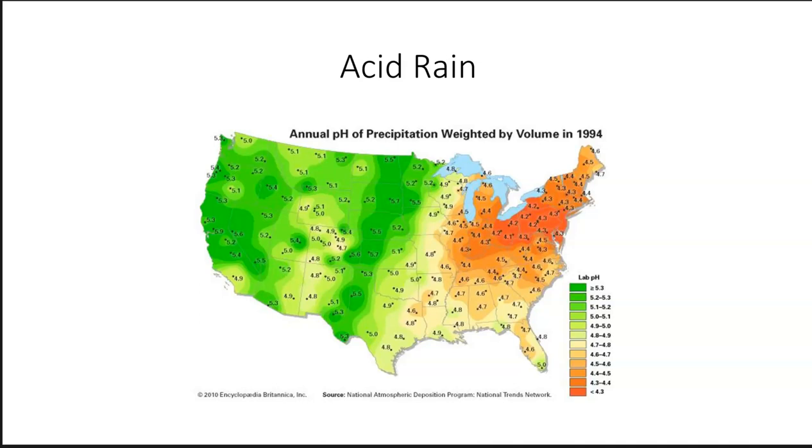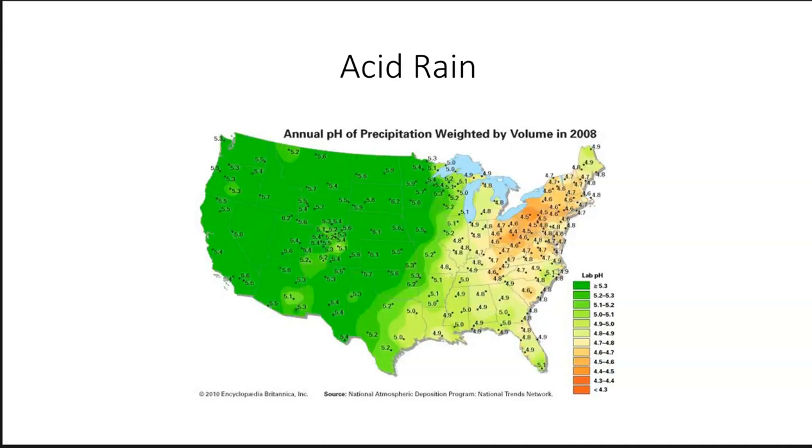what we see is that areas in that part of the United States are affected much more by the rain than areas on the West Coast where there's a healthier acid level of rainwater. Now, one thing we've done is put zero emission coal plants and scrubbers on the coal burning facilities, and what we've seen almost 20 years later is that we've had a drastic reduction in the acid content of our rain.